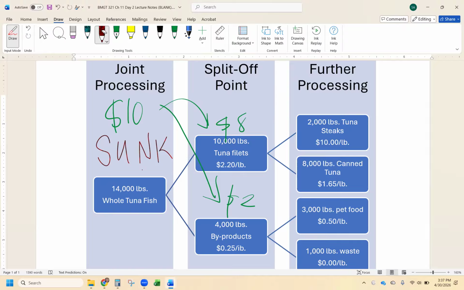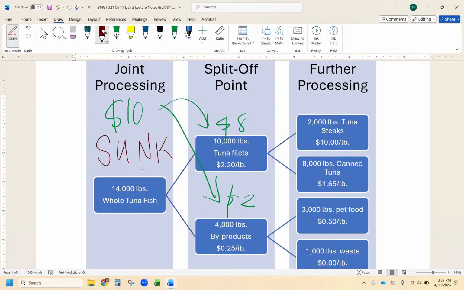What we do need to include in our analysis is whatever we could sell these for, so the revenue of the split off product, and then decide if we want to process more, do like extra work, and incur more costs. So those additional costs are what we call the separable costs. Those, we have to consider that.